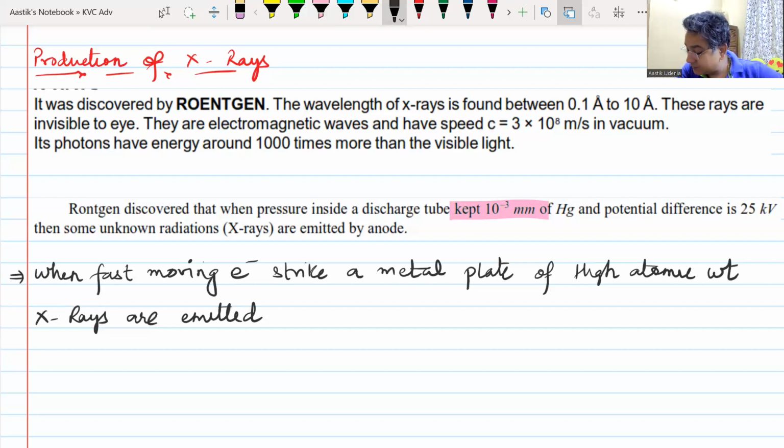Why high potential difference? Because frequency is high.